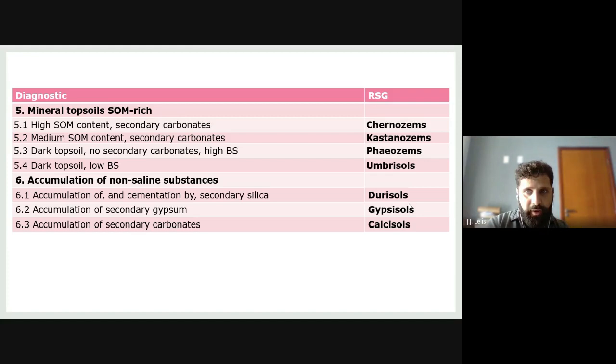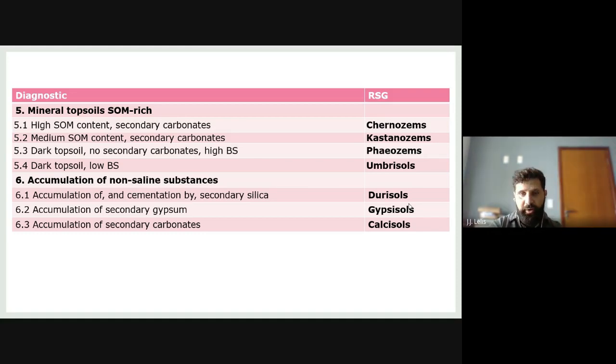We also have the phaeozems. These phaeozems are related to dark topsoil, low to medium soil organic matter content, and they do not present secondary carbonates. They are related to other parent materials, mafic parent materials.